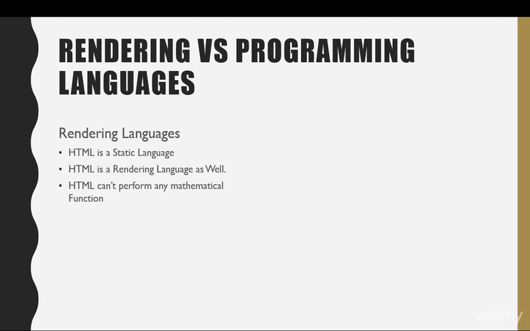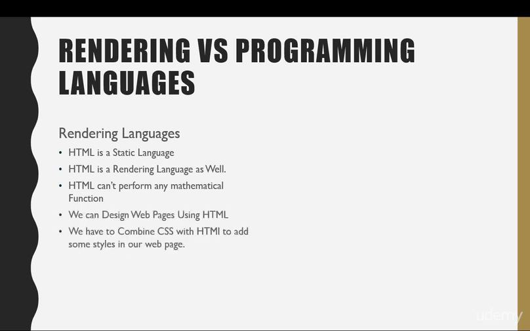We can design web pages using HTML. We have to combine CSS with HTML to add some styles to our web page. HTML can't protect any image, link, or text. Exactly, the rendering language means HTML cannot protect our images, links, or text. For this, we have to use JavaScript. HTML is necessary to make a form. If you want to design the form, you have to use HTML.